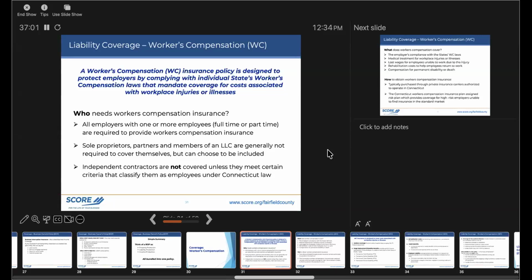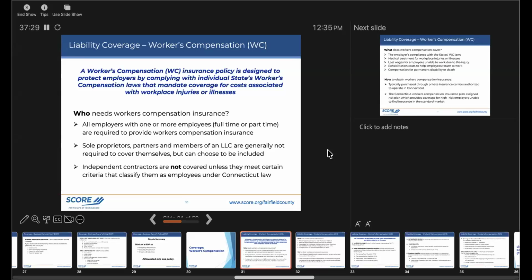The answer is no. The workers' compensation policy covers the employer in that it provides them the coverage required by law. Yes, the coverage includes paying for injuries to employees. However, it's really covering the employer and fulfilling their legal obligation to provide workers' compensation.